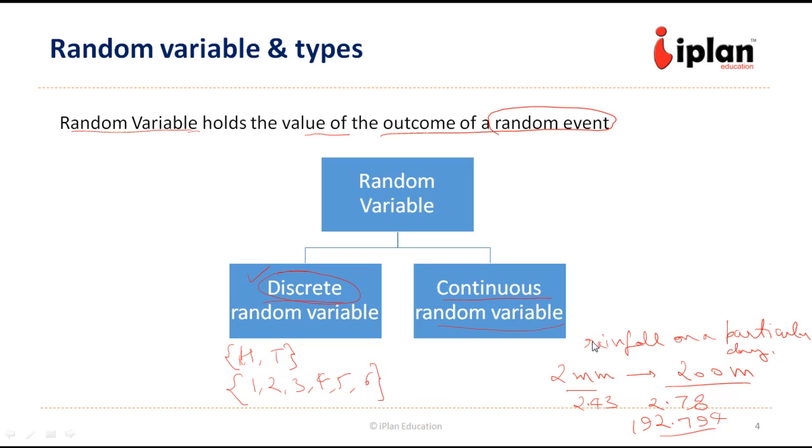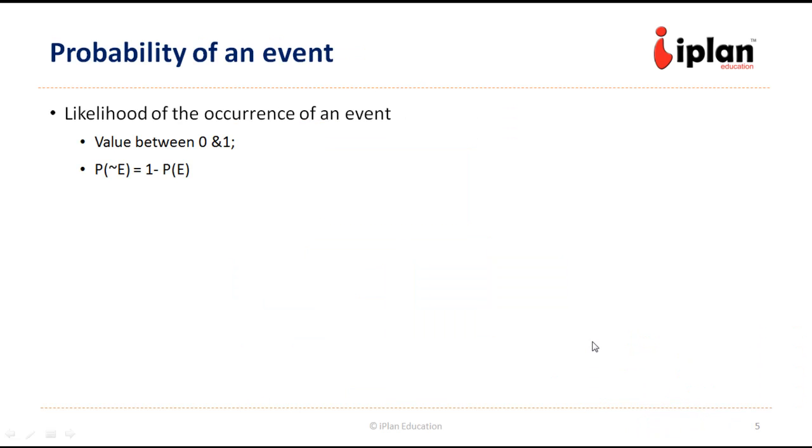Now let us look at the probability itself. Probability of an event is nothing but the likelihood of the occurrence of an event. So what are the chances, what are the likelihood that a particular event can occur? So this can have value between 0 and 1. 0 when there is no chance of occurrence of the event, and 1 when it is 100% sure that one particular event is going to occur.